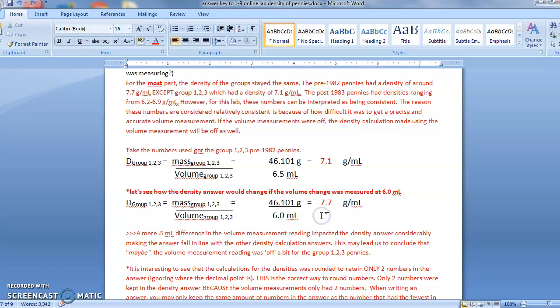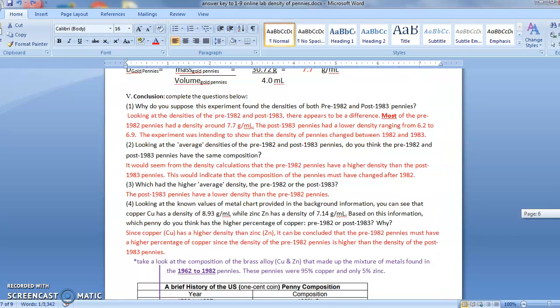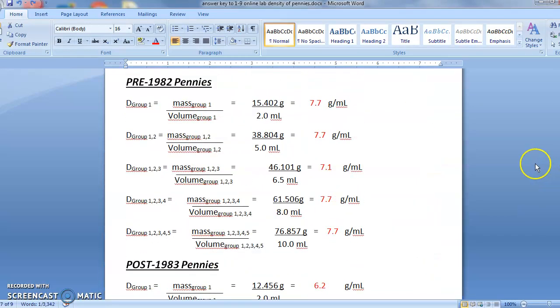That would have brought the density to 7.7. 46.101 divided by 6 is 7.7. We go back up to our chart, that would have been 7.7. That one would have changed to 7.7 if we didn't misread this. They would have all been 7.7.